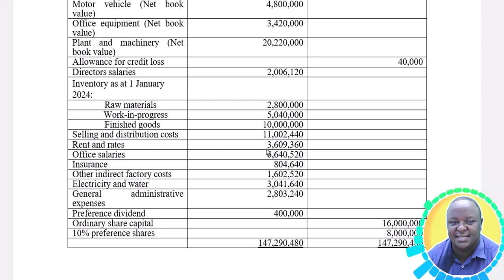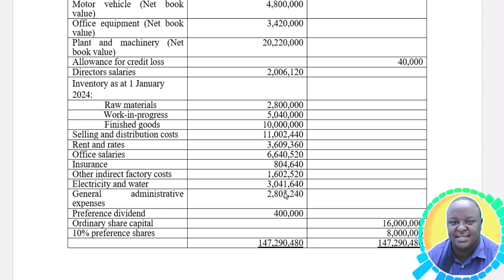Selling and distribution cost 11,202,440. Rent and rates 3,609,360. Office salaries 6,640,520. Insurance was at 804,640. Other indirect factory cost, we had 1,602,520.